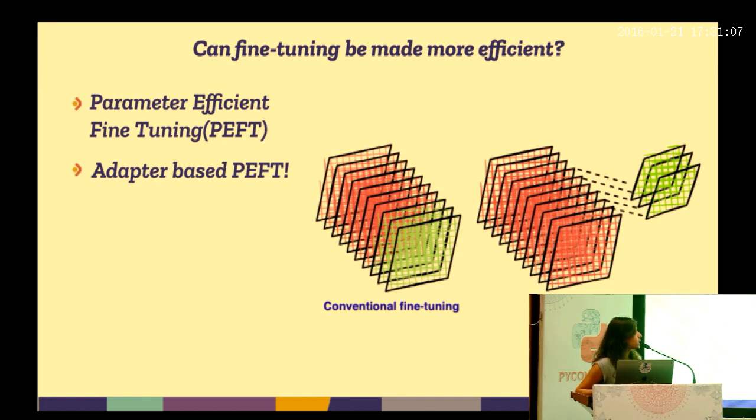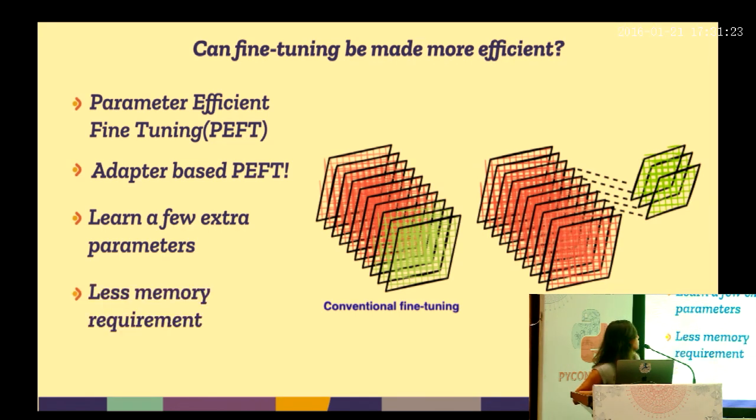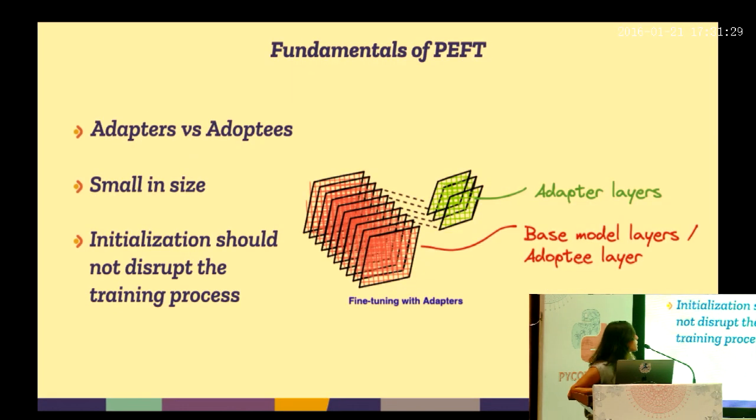Adapter based fine tuning will allow you to introduce some extra parameters as adapters, so that we can control the number of parameters which we are newly introducing, and hence controlling the trainable parameters is going to cause a reduction in the memory requirement. So that is how it is going to help us in resource reduction.